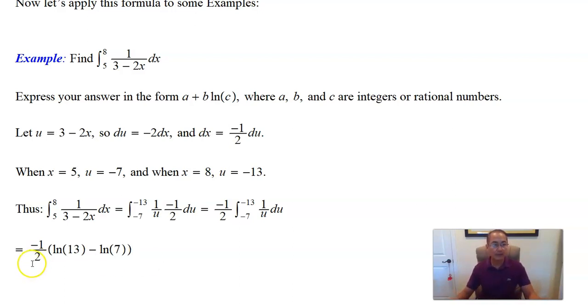Okay, so that's our final answer, except I'm asking for an answer where there's only one ln. Okay, there are 2 ln's over here, but we have our arithmetic properties. So we can write ln of 13 minus ln of 7 to be the ln of 13 divided by 7. Okay, not 13 minus 7, it is 13 divided by 7. Okay, so that is an acceptable final answer according to what we are being asked for over here.